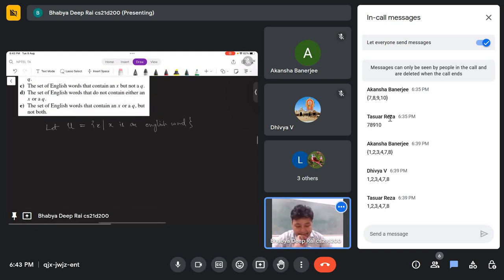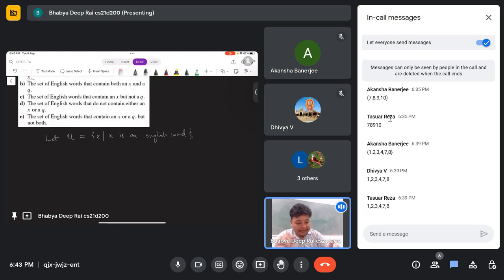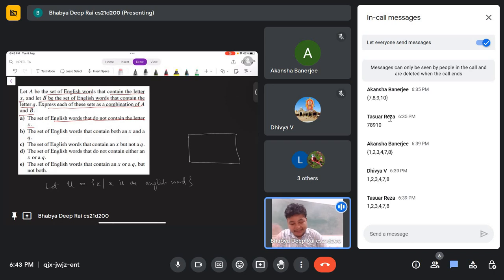Now, what is the question saying? Let A be the set of English words that contain the letter X. So words like six, and what are other words that contain X? Let's say latex, and so on. These are all contained in A.